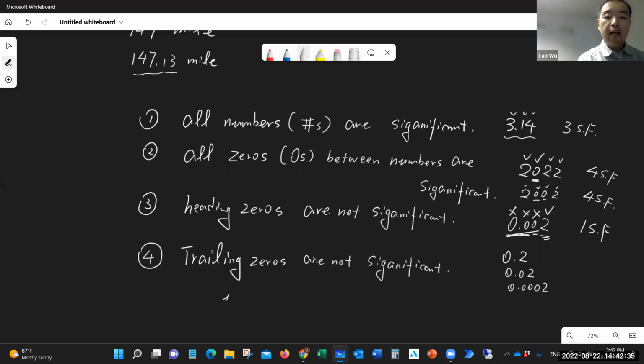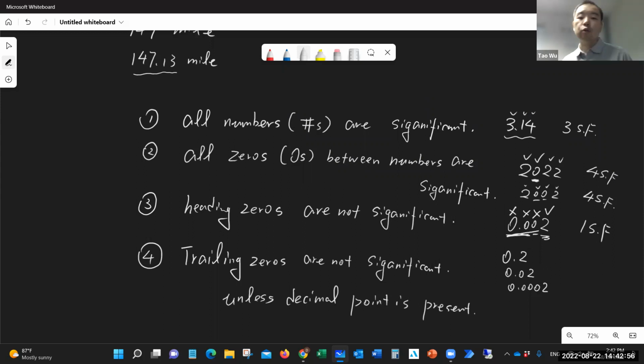Then, this is another part, unless a decimal point is shown, is present. Okay, trailing zeros are not significant unless a decimal point is present.